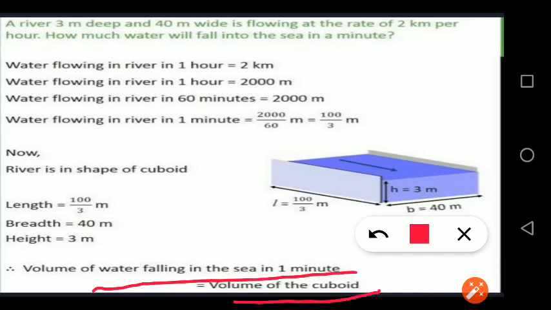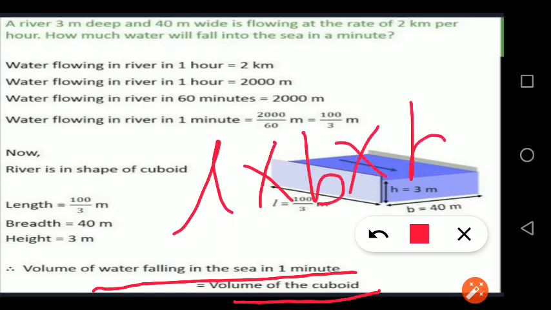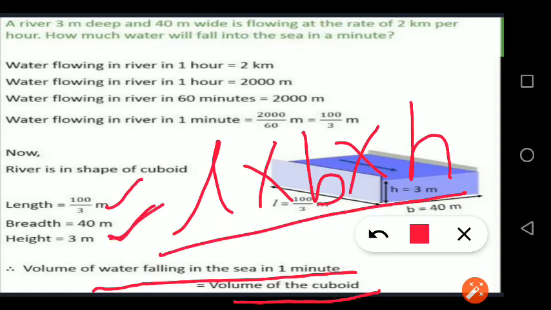What is the formula for volume of cuboid? Length into breadth into height. So we will use this formula only, where length is given 100 by 3 meter, breadth is 40 meter, height 3 meter.